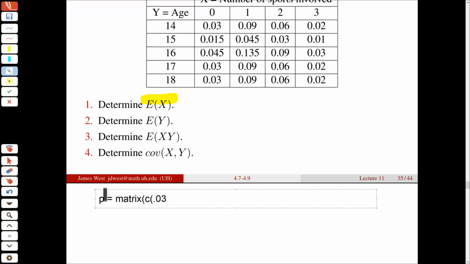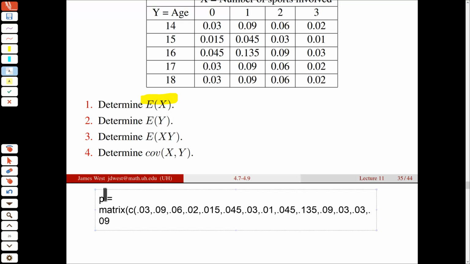So 0.03, 0.09, 0.06, 0.02, 0.015, 0.045, 0.03, 0.01, 0.045, 0.135, 0.09, 0.03, 0.03, 0.09, 0.06, 0.02, 0.03, 0.09, 0.06, 0.02, and then I tell it how many columns there are. This matrix has 4 columns.